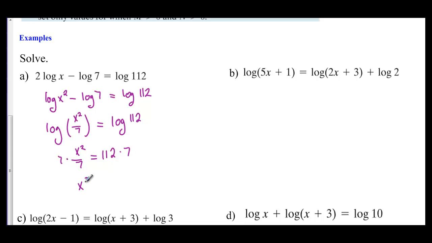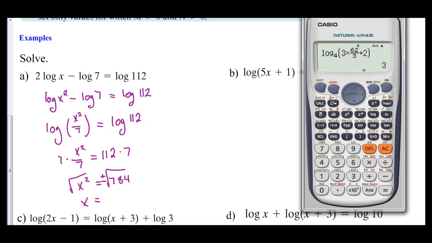So we're going to have x squared equals 784. And then we're going to take the square root. And remember, when we take the square root, you're doing plus or minus. So x equals, and let's see what the square root of 784 is.